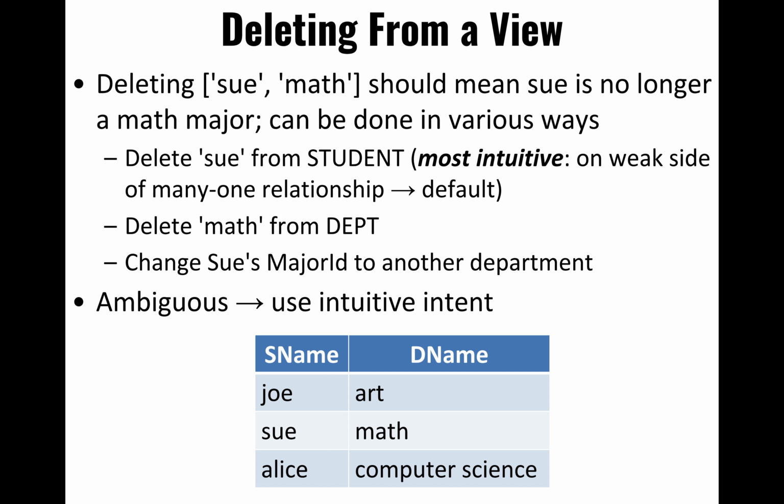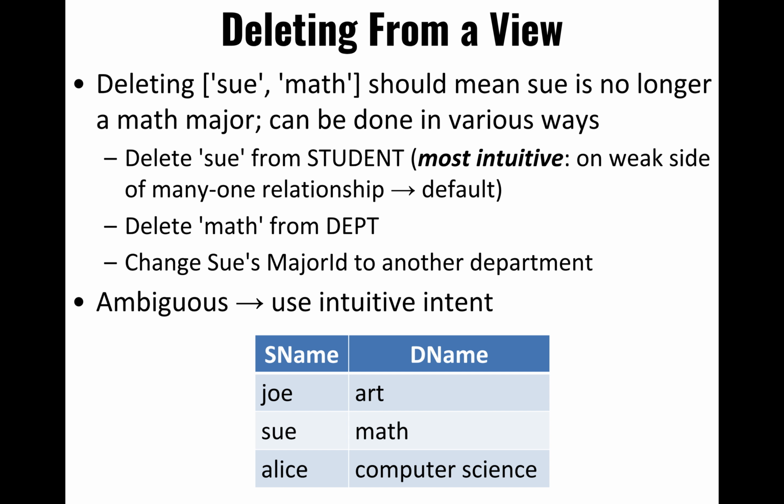So for instance, if I delete Joe and Art, how should that be interpreted? Does it mean that I'm going to remove the record for Joe and I remove the record for Art? Probably not. That would make absolutely no sense.